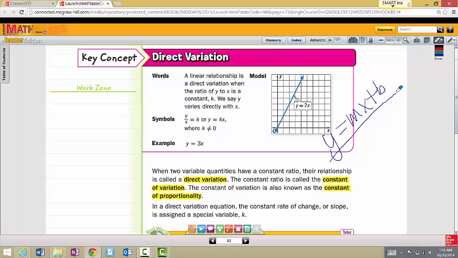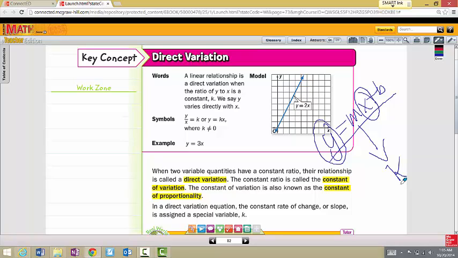Essentially all this lesson is about today is understanding that there's a relationship between this variable y and this variable x, and that m, or today we're not calling it m, we're calling it k for constant, because we've been talking about constant of proportionality, slope, and constant rate of change.